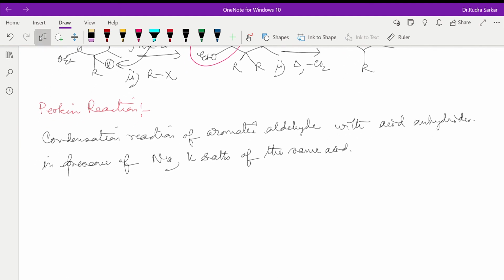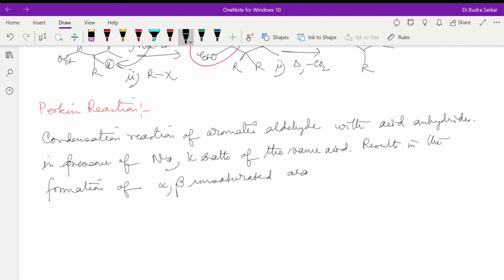Okay, and results in the formation of alpha, beta unsaturated aromatic acids.